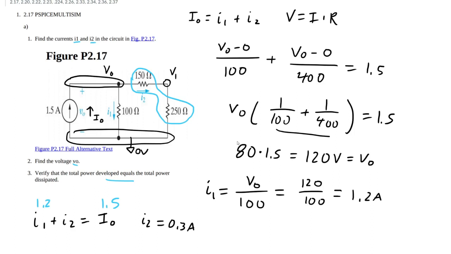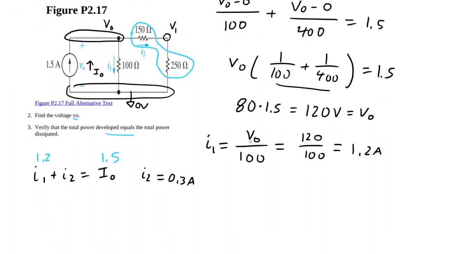So from that, we can find out the value of V1 pretty easily. Because we know this current I2 is going to end up being 0.3 amps, we can find V1 one of two ways.